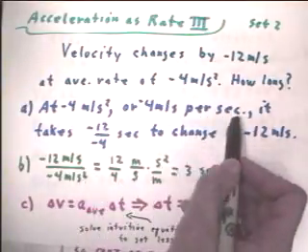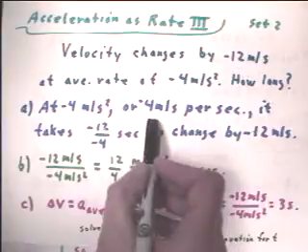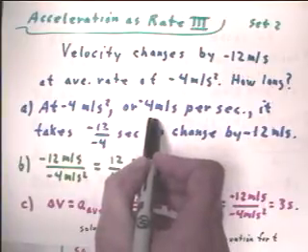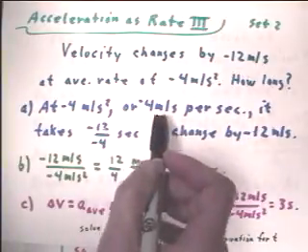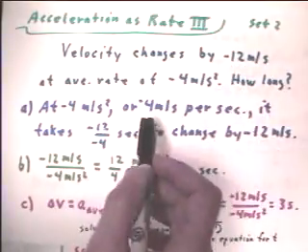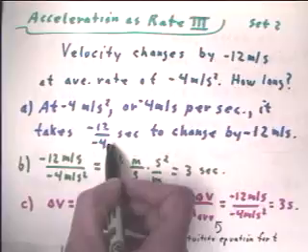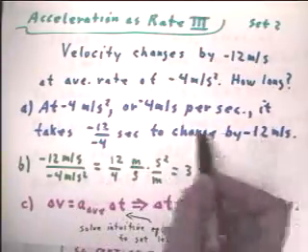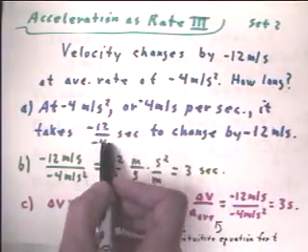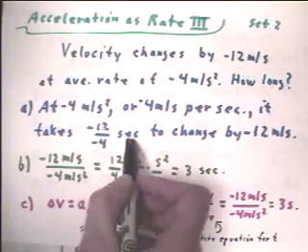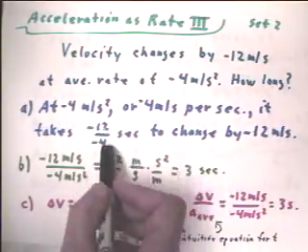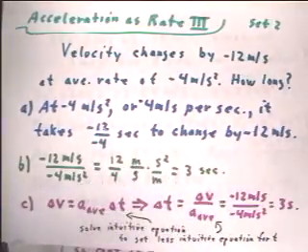So every second of time, on the average, we're changing by negative 4 meters per second. Well, if we want to change by negative 12 and we're changing at negative 4 every second, it's going to take negative 12 fourths second to make that change. And negative 12 fourths of a second is positive 3 seconds. So it's obvious here that it'll take 3 seconds.